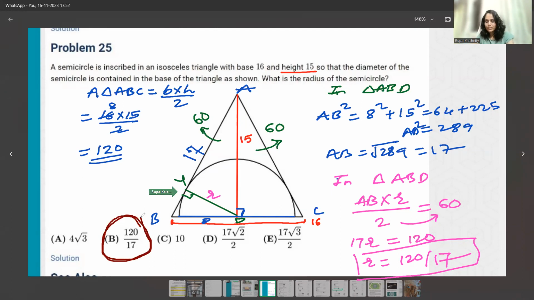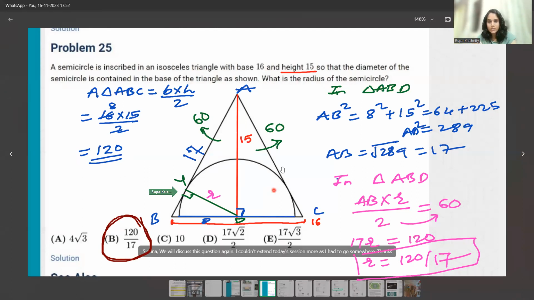All right. I hope you have understood this question. It's as simple as that. I'm just going to quickly review it. What you have done here is find the area of this whole triangle. As this is an isosceles triangle, you split that area into two equal parts. Now we know that the area of this part is 60. Also, we first found this slanting side, which is the hypotenuse of the half triangle, which is 17, using the Pythagorean theorem.